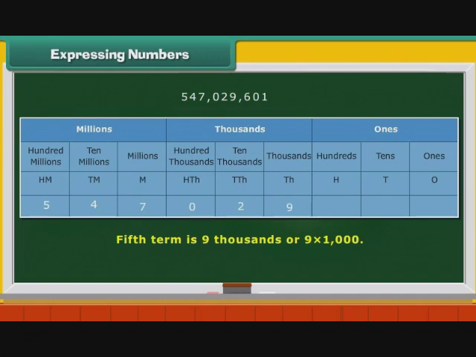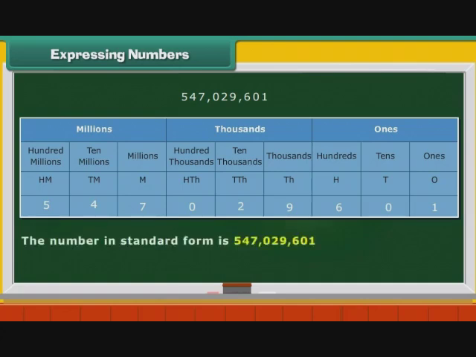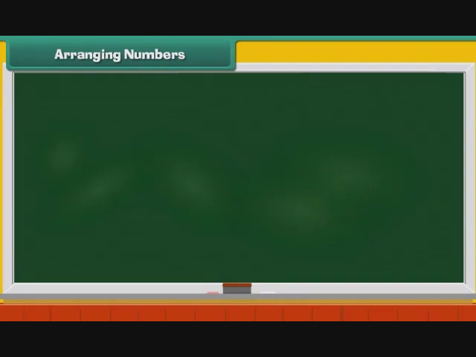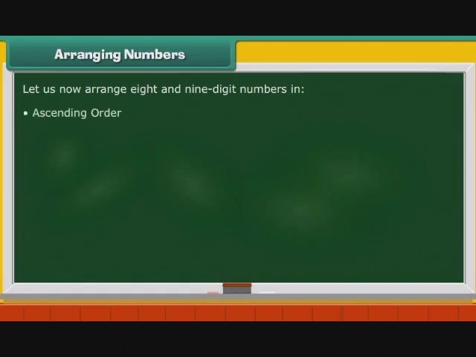Write 9 under TH. Proceeding in the same way, write 6 under H, 0 under T and 1 under O. Therefore, the number in standard form is 547,029,601.